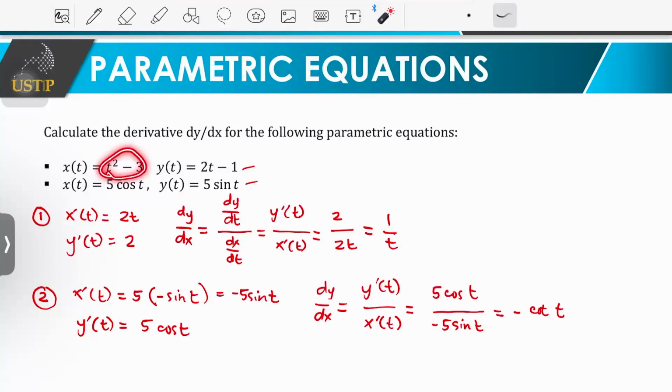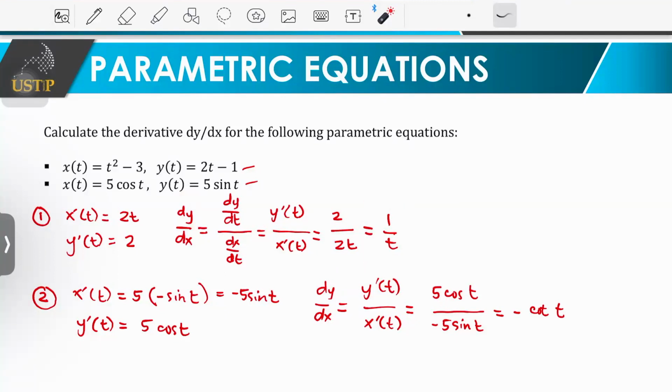So y prime over x prime of t, diretso na, no? The derivative of x, which is 2t, is 2t. Y prime of t, its derivative would be 2. So that would be dy over dx, that is dy over dt over dx over dt, or y prime over x prime. That would be 2 over 2t, and that will be 1 over t.